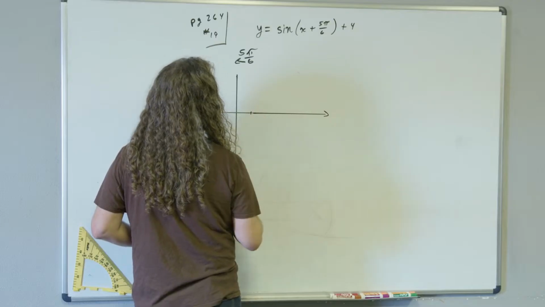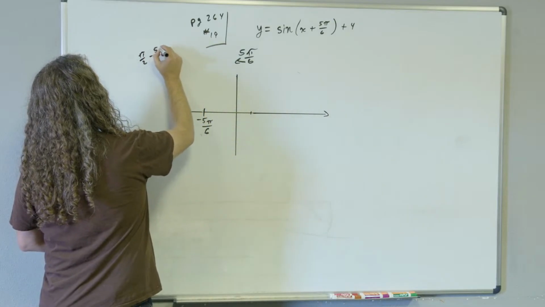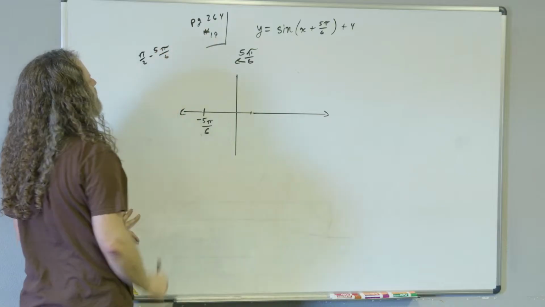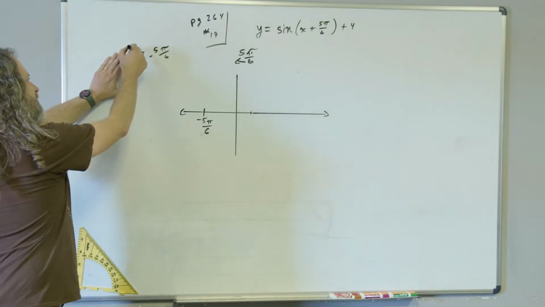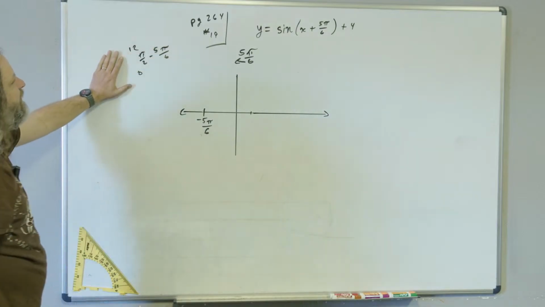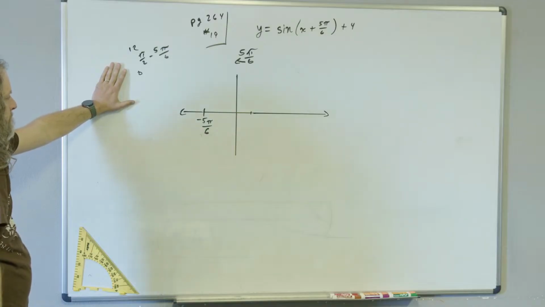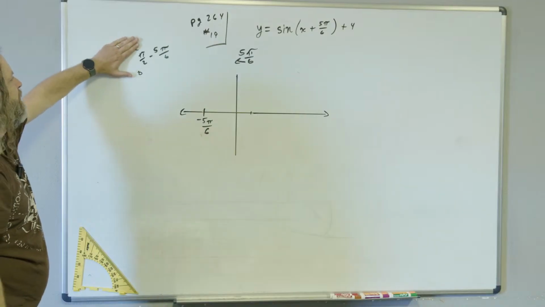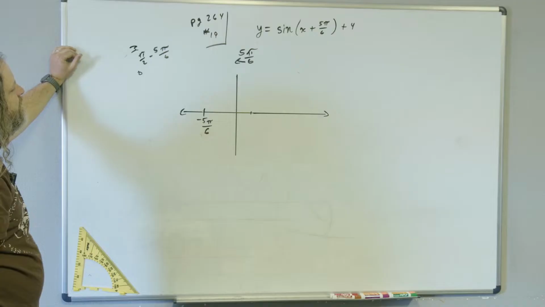So pi over 2 minus 5 pi over 6 is 3 pi over 6 minus 5 pi over 6, which is negative 2 pi over 6, so negative pi over 3.